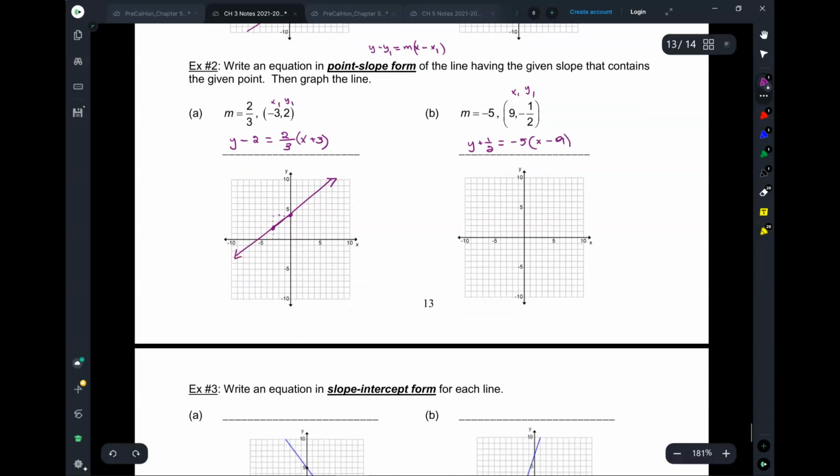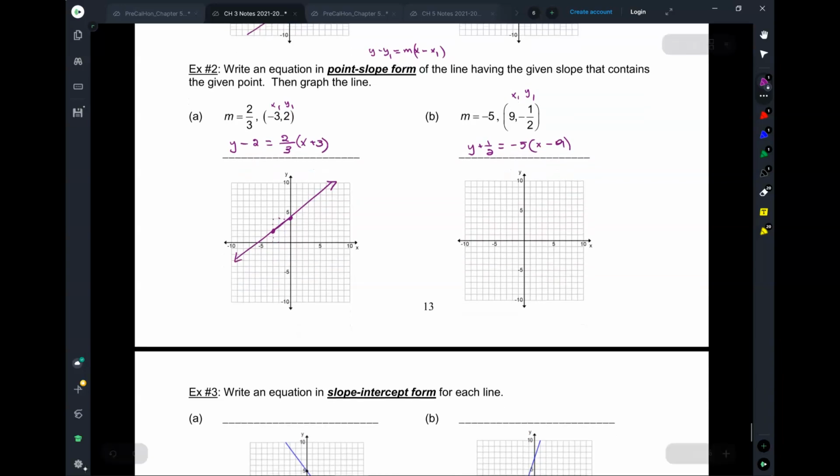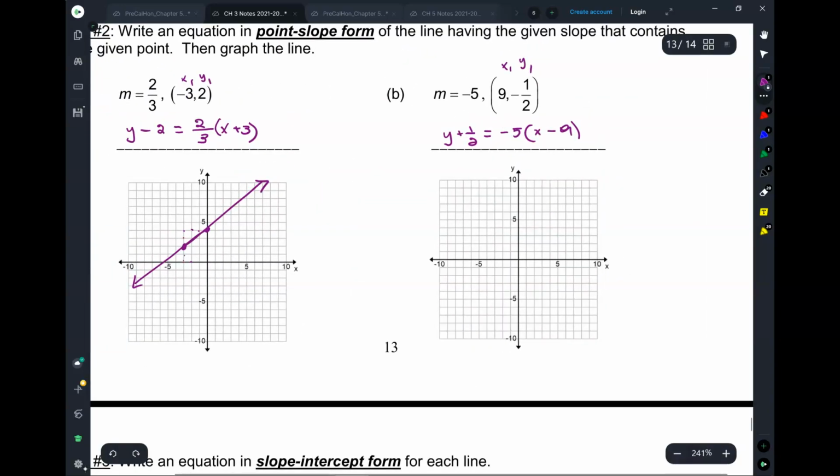To plot, you go to 9 and -1/2. Okay, so 9 and -1/2. So this is where it's super important to draw your graphs, right, on graph paper, so you're nice and precise, right? And you have to be using a ruler because it's like just the difference of a half.